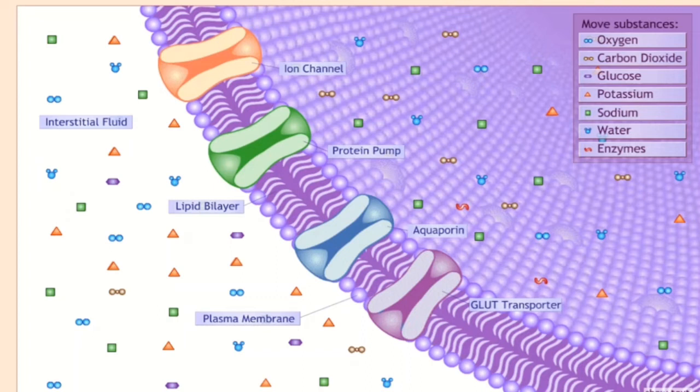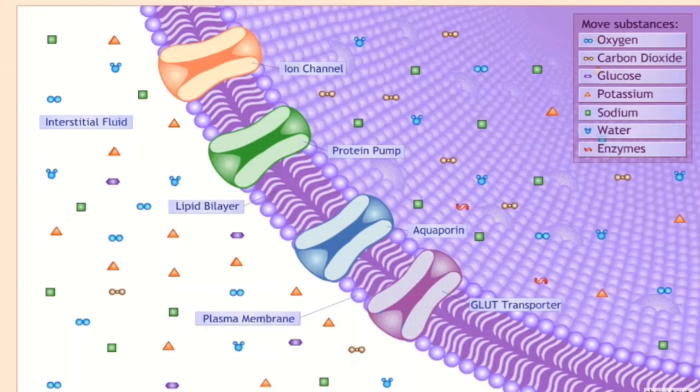Now, we have gaseous molecules that could also freely pass through our cell membrane, and that is actually oxygen and carbon dioxide. Since oxygen is needed by the cell for respiration, and the same with oxygen, carbon dioxide can also pass through the lipid bilayer of the plasma membrane, since carbon dioxide is a product of cellular respiration.